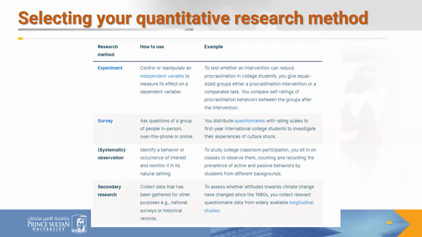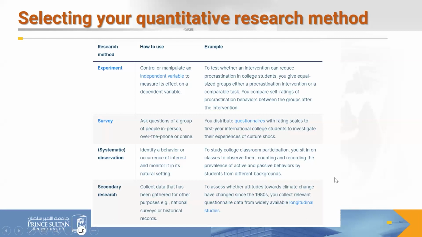You give equal-sized groups either a procrastination intervention or a comparable task, and you compare self-ratings of procrastination behaviors between the groups after the intervention. A survey: you make a questionnaire with rating scales for first-year international college students to investigate their experience of culture shock, for example. You may do observation.